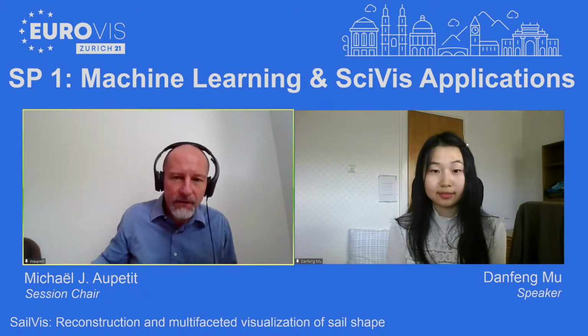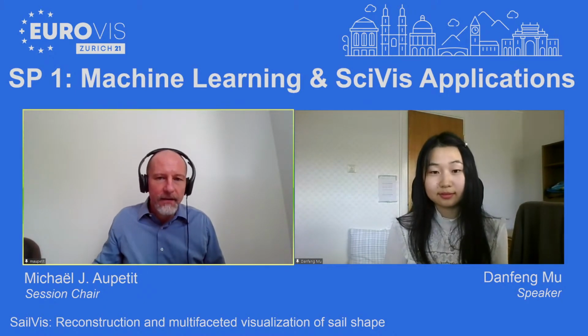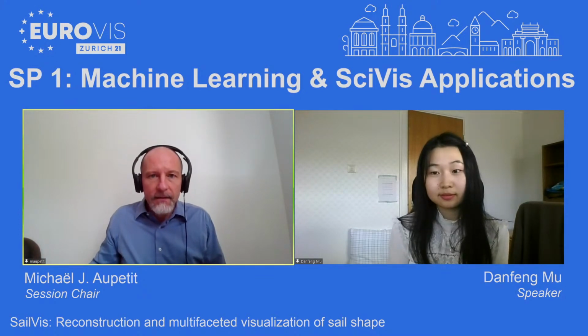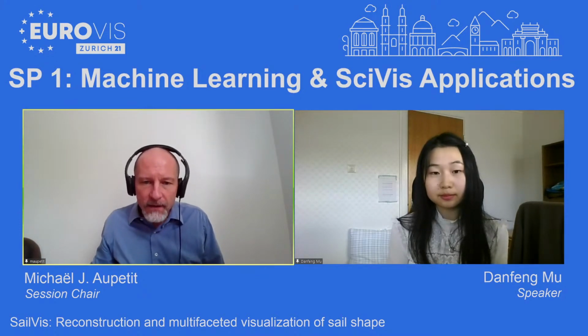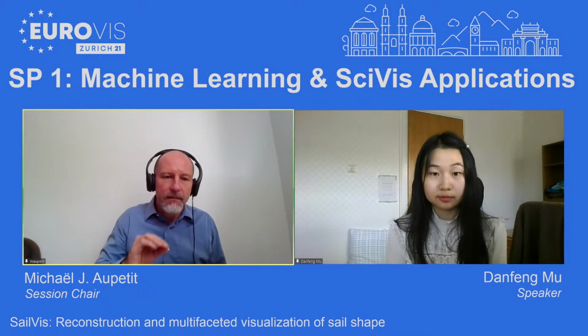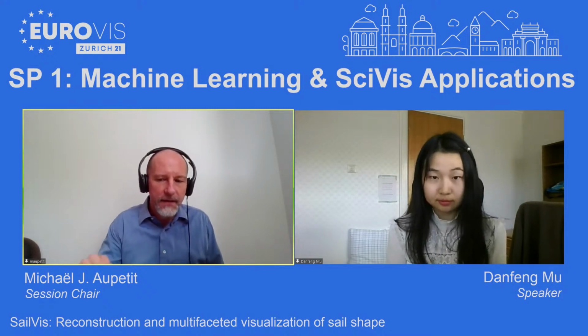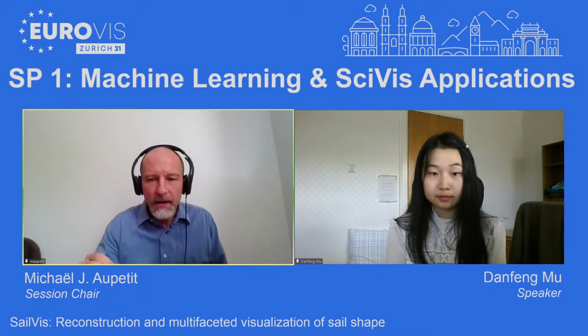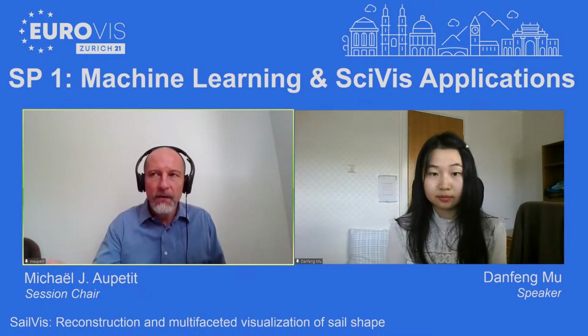Okay, thank you very much for this interesting talk. So let's see if there are some questions. I cannot see any questions now, so I have one. When you have this curve fitting part of your interface where you can change the order of the curve to fit the data, the observation, I wonder, do you take into account the uncertainty in the measurement?